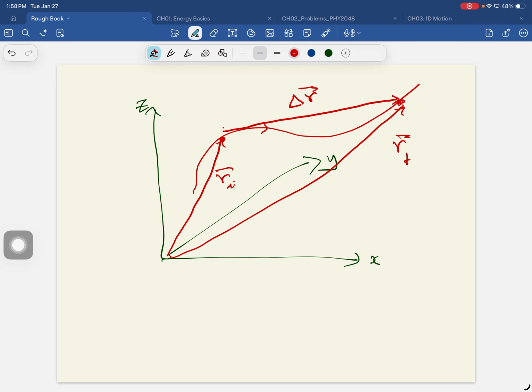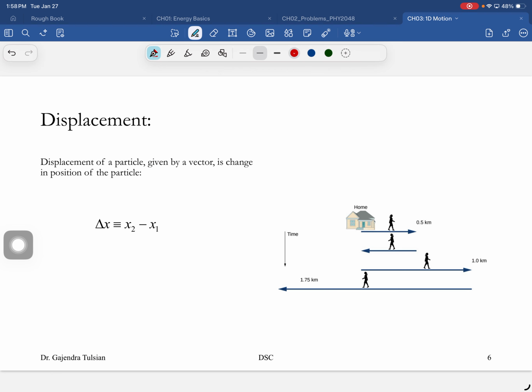So it is your displacement in, let's say, 1 second, and then you evaluate that for smaller and smaller time. In the limit delta t going to 0 is your instantaneous velocity. And you might have learned in your calculus classes that this is dx by dt.